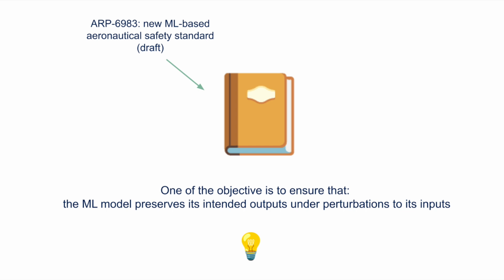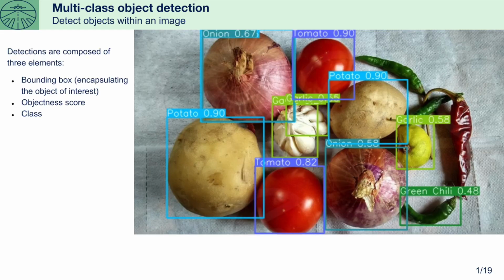First, I will begin with the context, followed by our contribution. You may be familiar with multi-class object detection, which aims to detect objects within an image. Detections are composed of three elements: a bounding box, a rectangle encapsulating the object of interest, an objectness score, also known as confidence score, and a class.